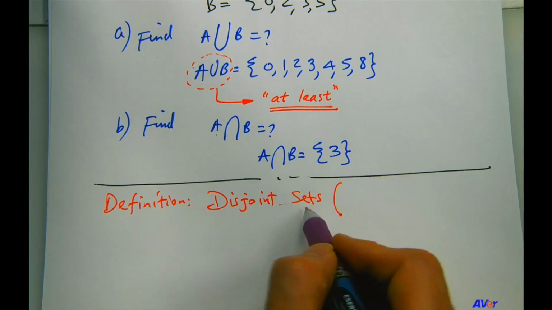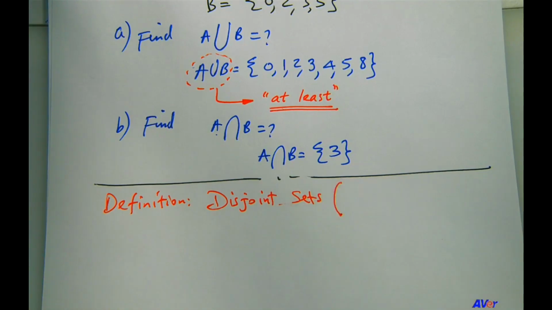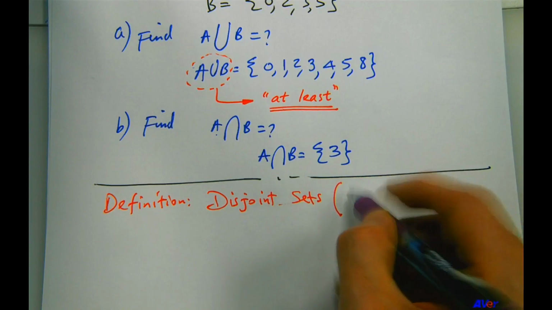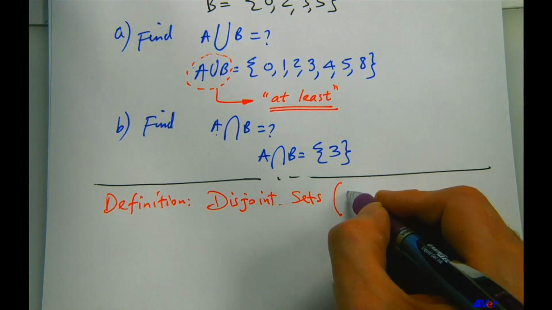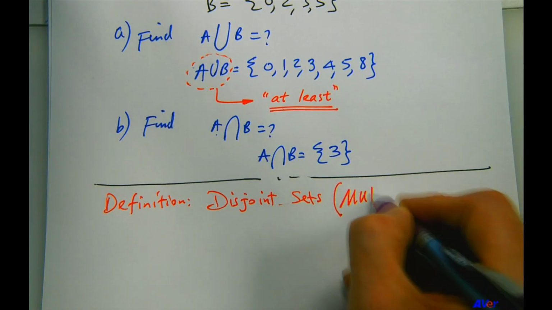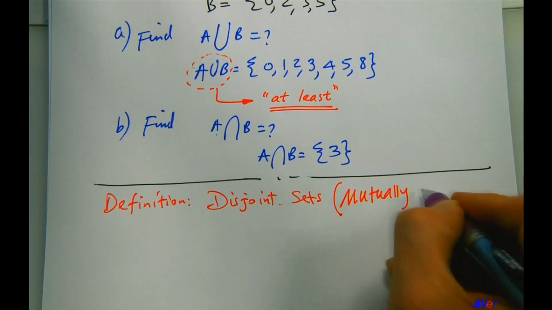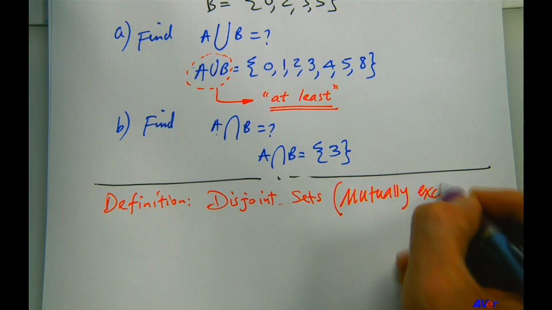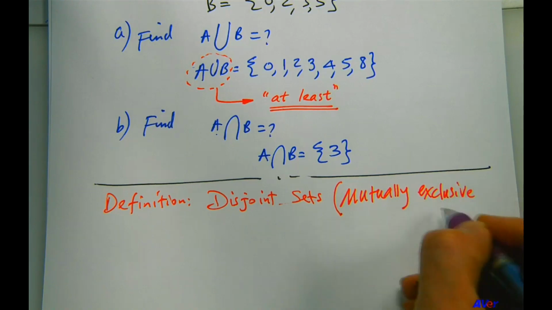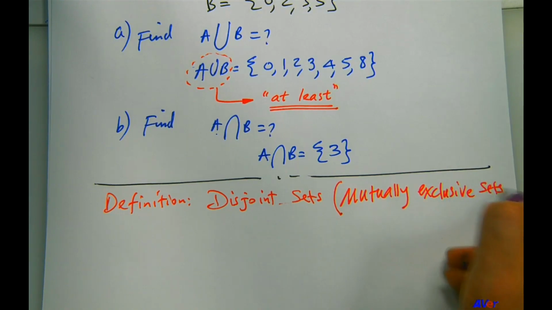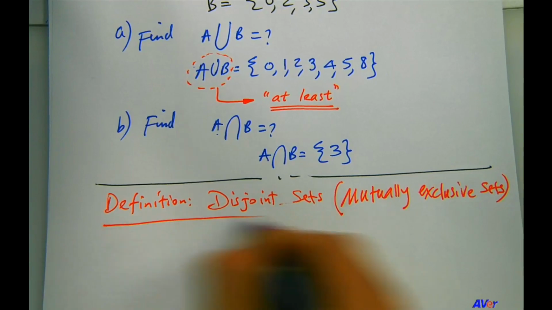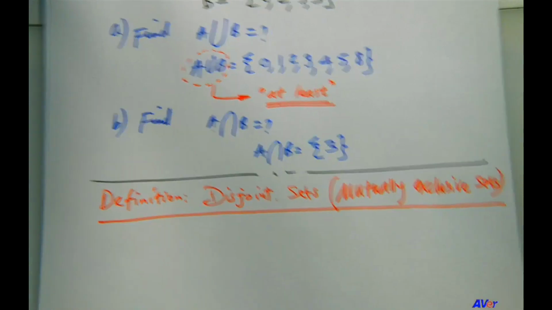So disjoint sets are sets that do not have anything in common, and it also can be given this name, mutually exclusive sets. Okay.